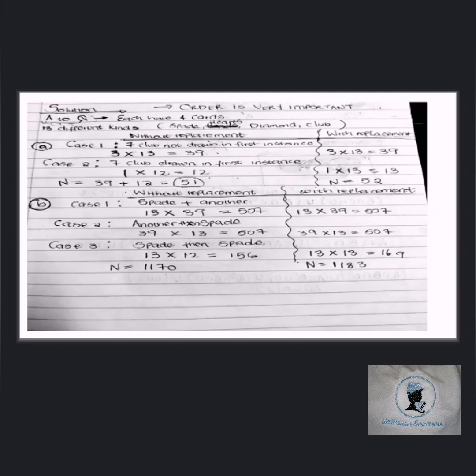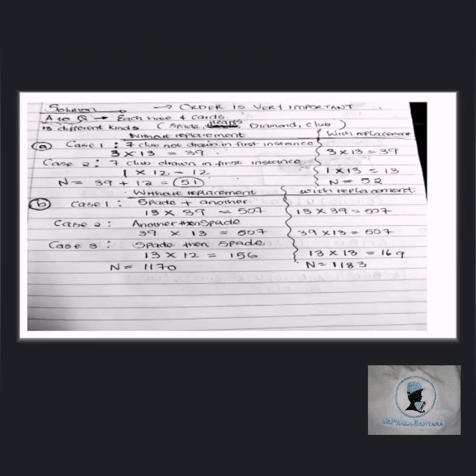And with replacement now, it means we draw out a card and put it back in the deck for the next draw. So case 1 and 2 are still the same, but case 3 has changed. If you draw a spade, you have 13 different ways you can take out a spade, times, now remember that the spade we drew out, we've put it back in the deck.